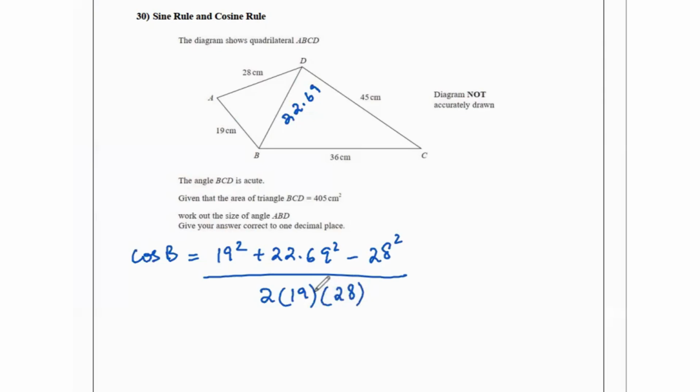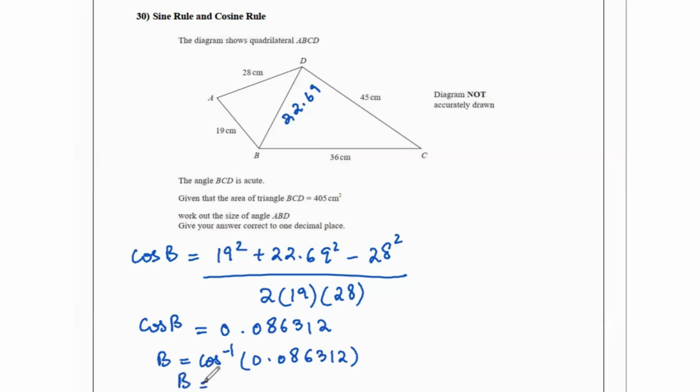We're using the same cosine rule that we used for the length, but we rearrange it to make cos theta the subject. So that's going to be 0.086312, and then we find cos inverse of that, which gives us, I'm getting 85.0.